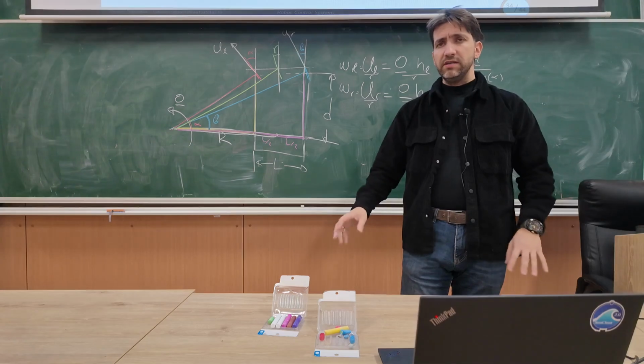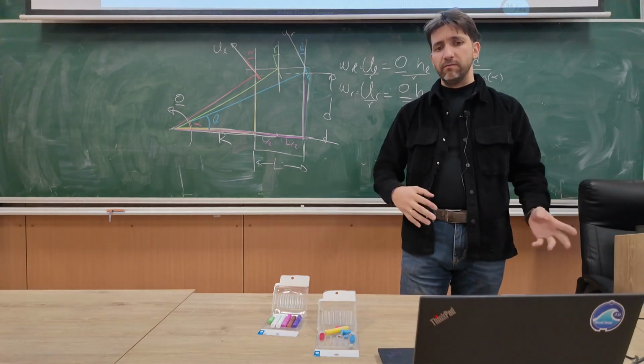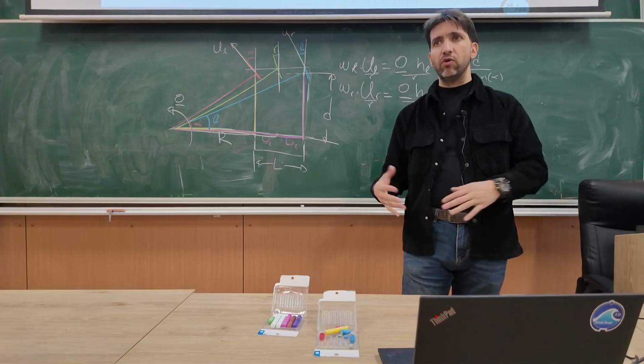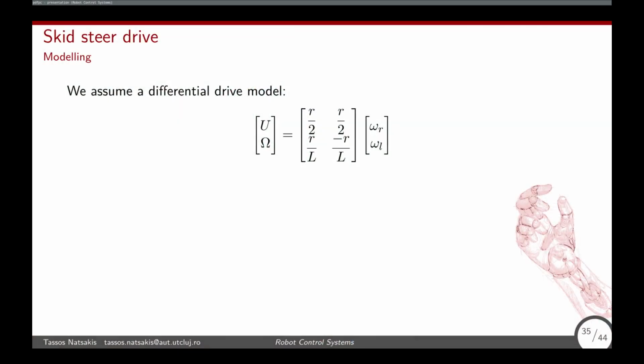What we're trying to do is estimate the slipping, and based on a feedback loop, we're trying to correct for that. So, as I said, we assume a differential drive model, which is what we saw earlier, but here we don't consider any lateral movement. We just move straight or rotate.